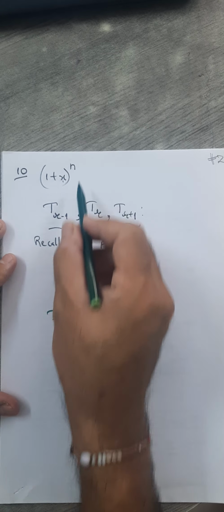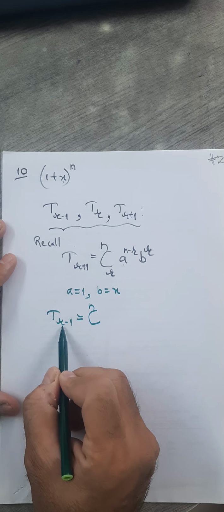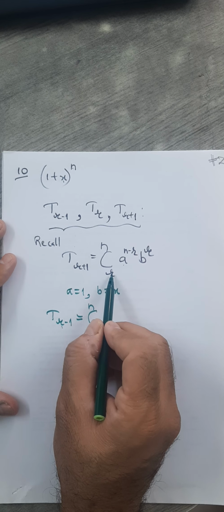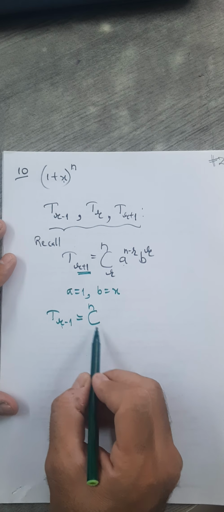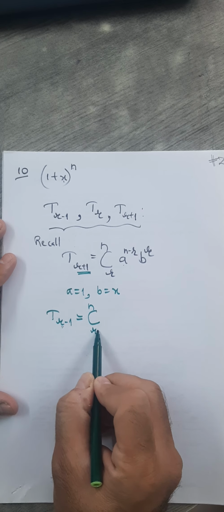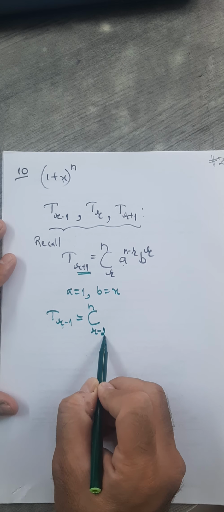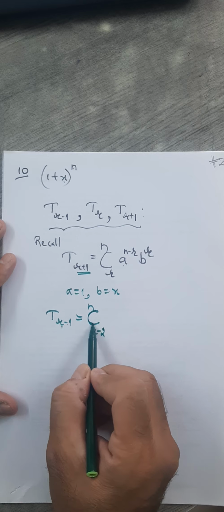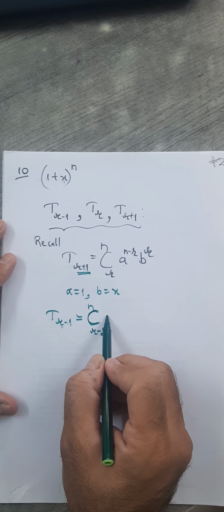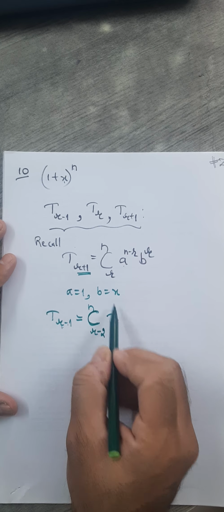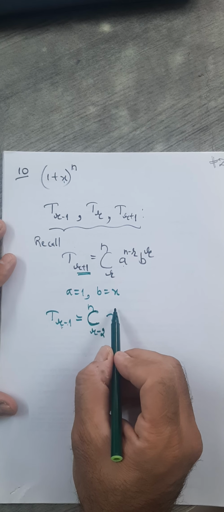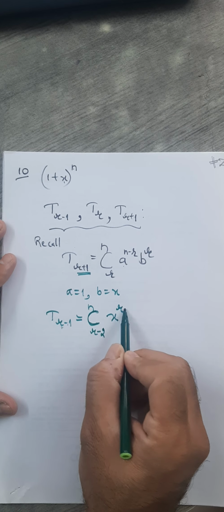So n is there, nC one less, remember. r is 1 less than r+1. So here one less, so you have r-1-1, that is r-2. a is 1 here. And what is b? That is x raised to the (r-2) power.